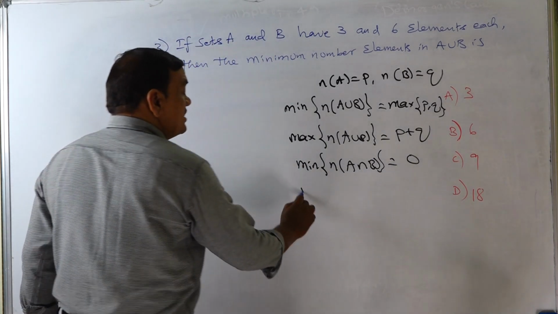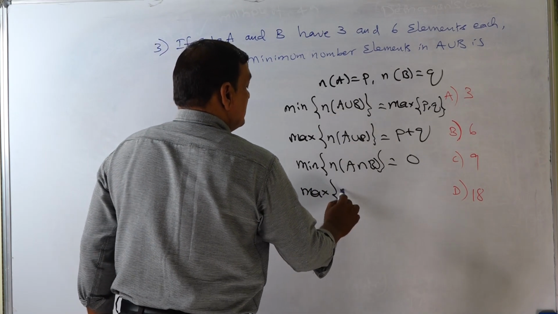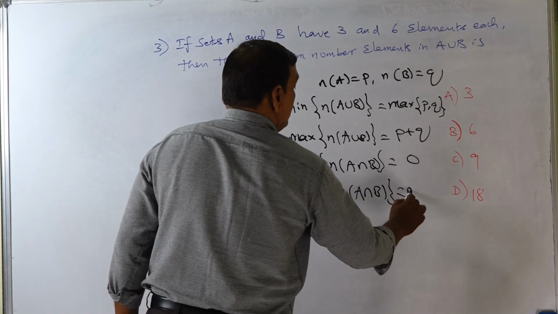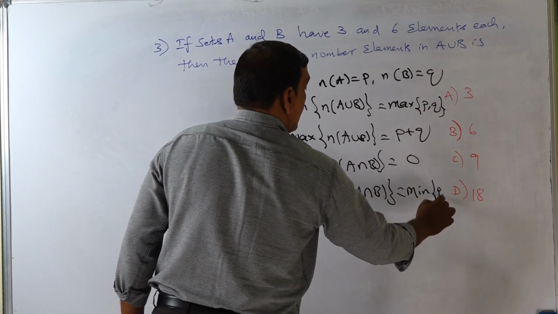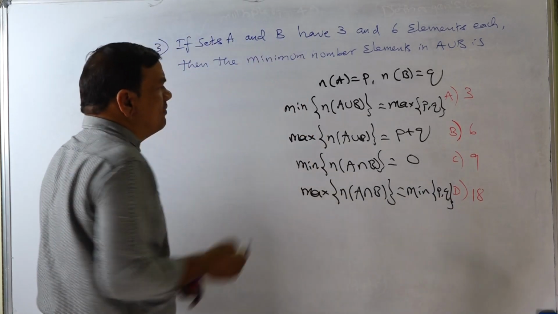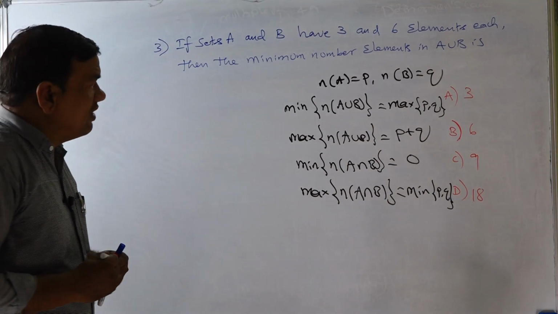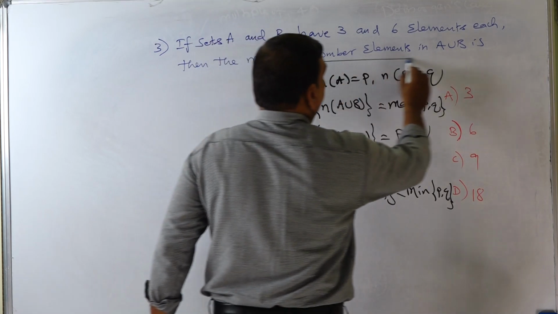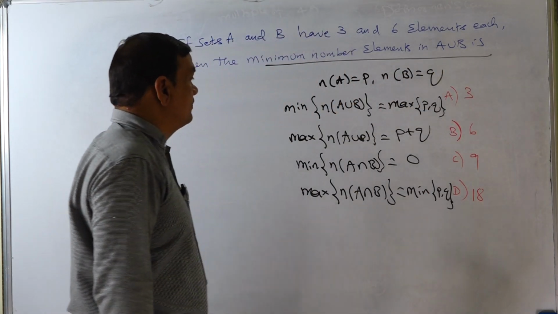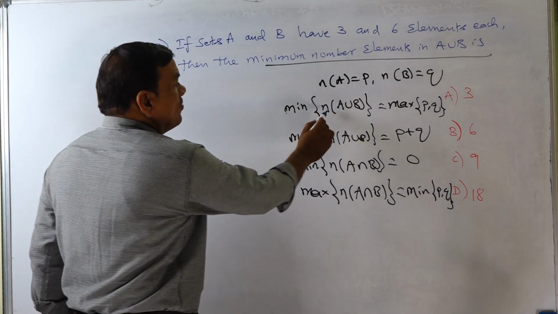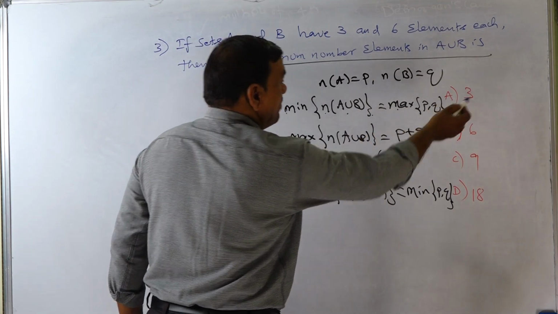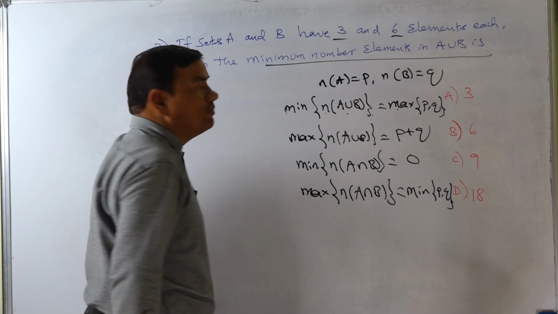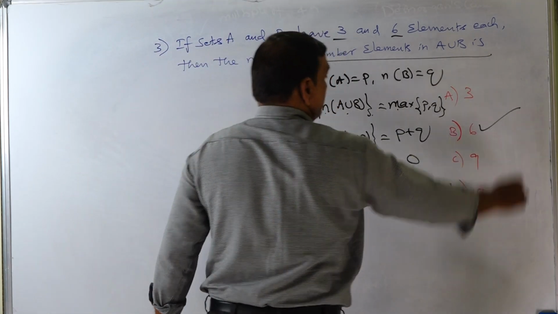The maximum number of elements present in A intersection B is equal to the minimum of the values of P and Q. From this information, what is asked is the minimum number of elements in A union B. That is the maximum of P, Q. What is the maximum of 3, 6? 6. 6 is your answer.